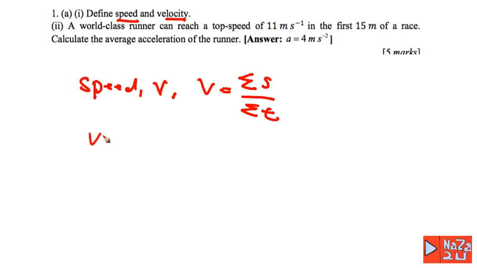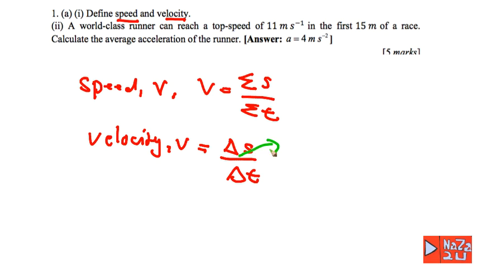And the velocity also has the symbol v, but the definition is the rate of change of displacement. The change of displacement is delta s, and the rate is with respect to delta t.